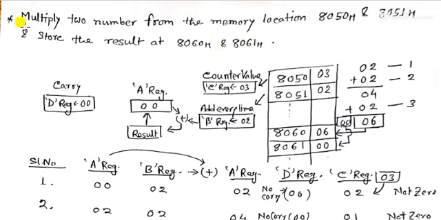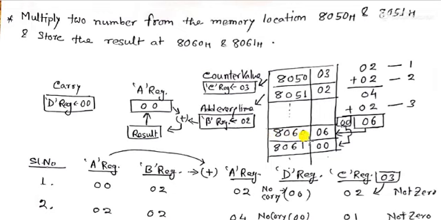From the title it is clear we have to multiply two 8-bit numbers at locations 8050 and 8051, and the multiplication result is stored at 8060 and 8061.